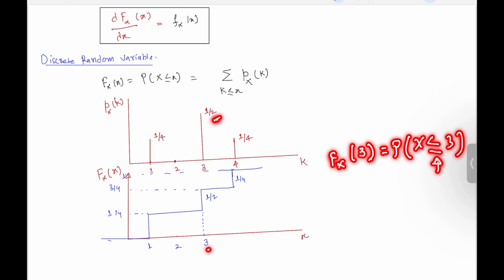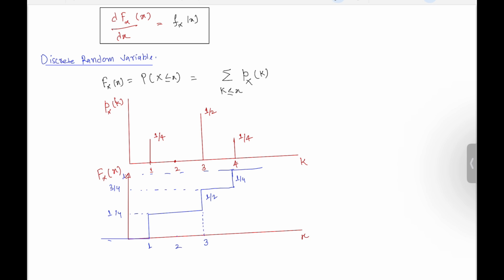And at 3 we have the hike that is giving you the half probability, right? So the accumulation of probability will be till x equals 3. So we will be considering this point, this value, right? So the CDF value at little x equals 3 will be 3 divided by 4, right?